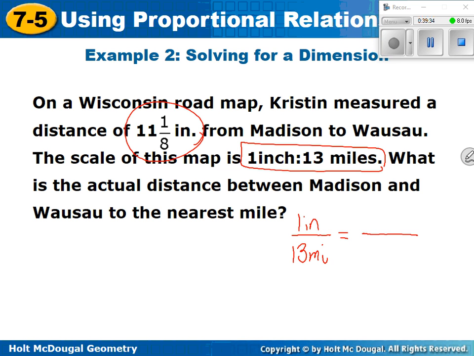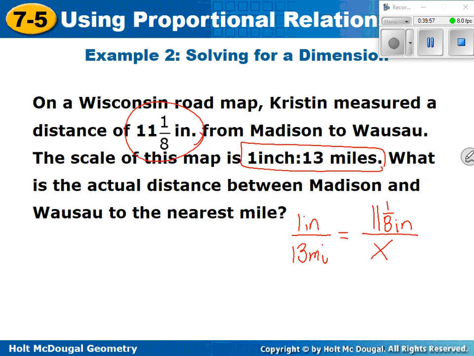Inches it is to get from the one city to the other. So where's that going to go in our second fraction? On the top. Keep your inches in the same location. So we're going to put 11 1/8 inches on top. And Kristen wants to know how many what? Miles. So where's that going to go? Bottom, X. Are you guys with me?